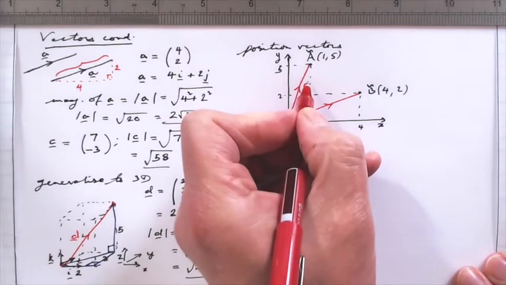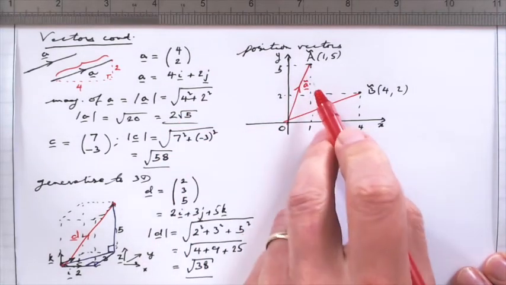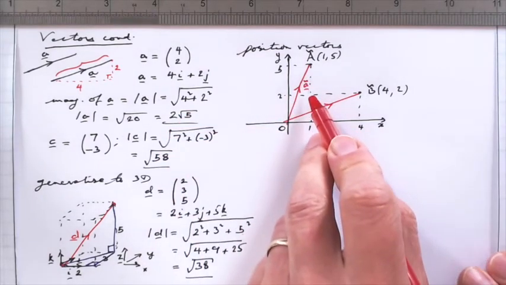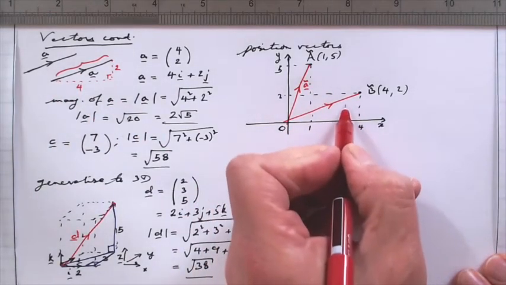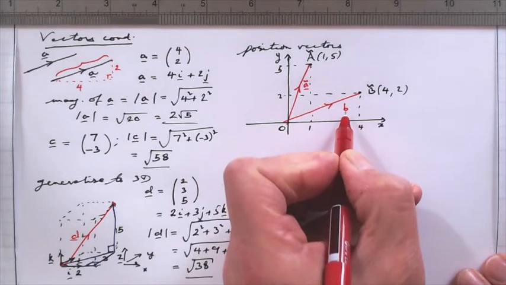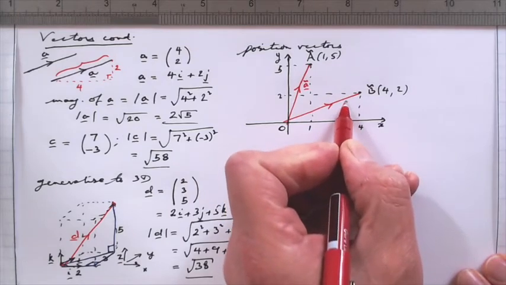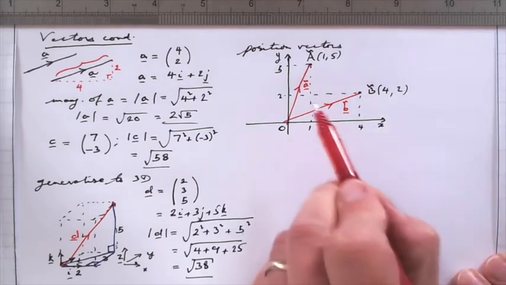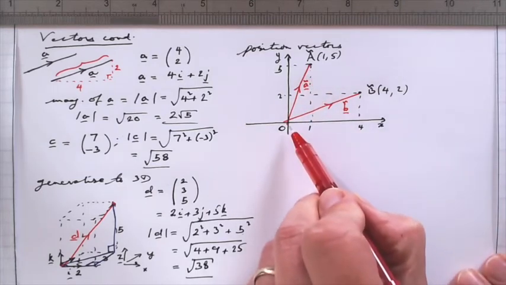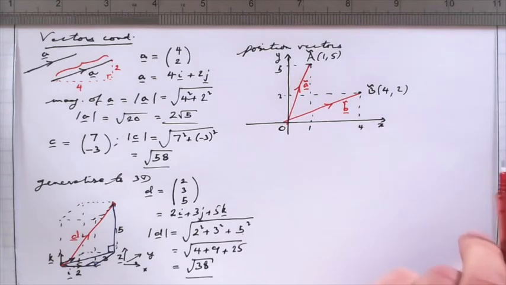I'm going to put a little tilde on top to say that it's not that vector A over there, because I don't want to use the same symbol for 2 different things. And here's a vector B tilde. So we have these vectors now that connect the origin to these points.